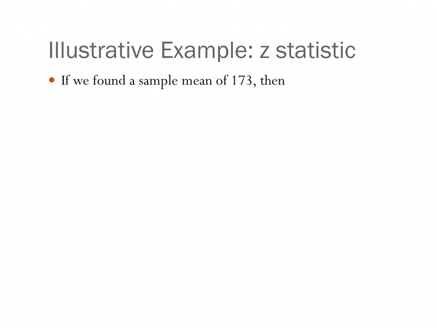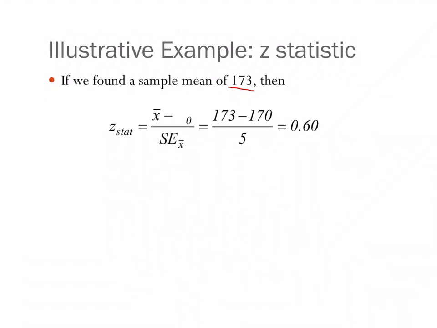Moving to our z statistic, if we found a sample mean of 173, meaning in 2018 we took men 20 to 29, calculated their weight, and found that their mean was 173, then we put it into our equation: the mean of the group we found minus mu 0, the mu of the null hypothesis, over the standard error of x, which is 173 minus 170 over 5, which equals 0.60.